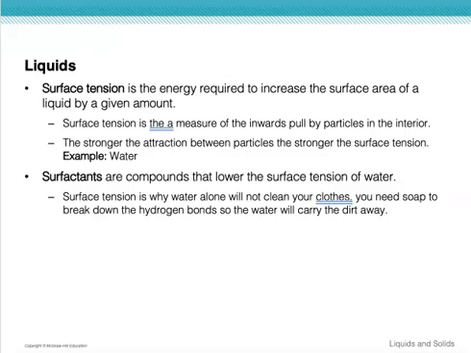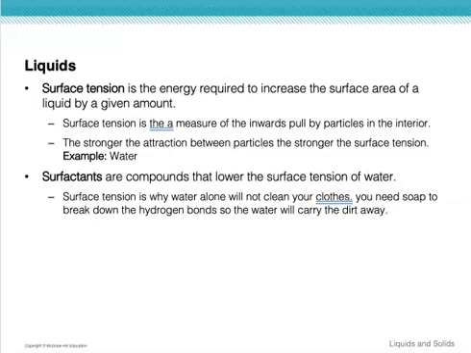Water has a surface tension. All liquids do. But it's the surface tension of the water. If you think of any of those pictures of like insects walking on water, that's because of the surface tension of water. A surfactant then is a compound that lowers the surface tension of water. The most common surfactant that we have in everyday life is soap.